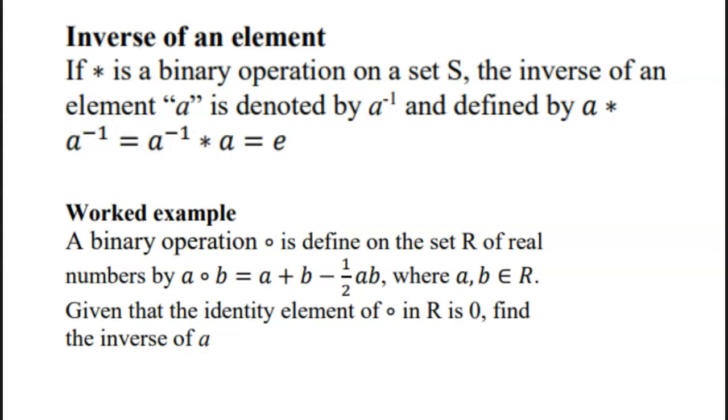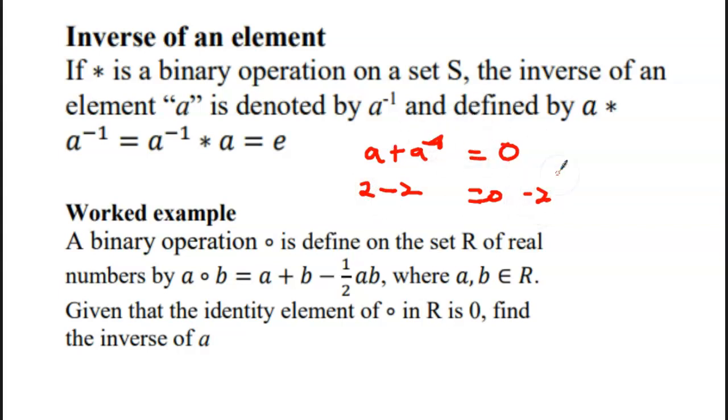So let's start with the basic arithmetic operations, the basic binary operations. For addition, A plus A inverse must be equal to 0, because the identity element for addition is 0. So if we have 2, what should we add to 2 so that we get 0? That is minus 2. Which means that the inverse of 2 is minus 2.